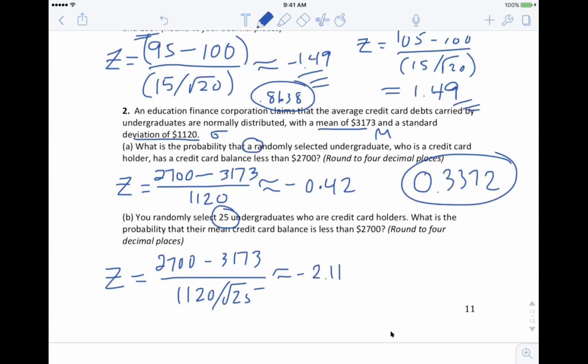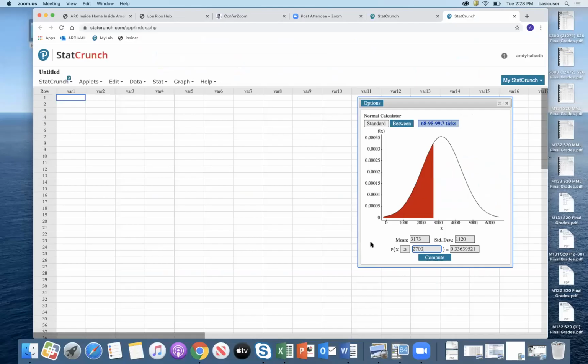And now find the area under the standard normal distribution, just like we did on part A, just with this new z-score. It's less than, so it should be good. Let's try it out. Back to this problem.